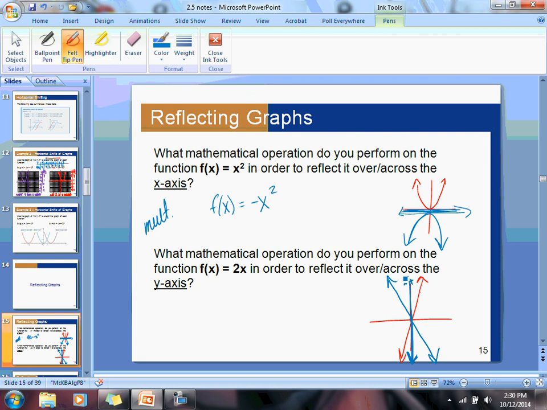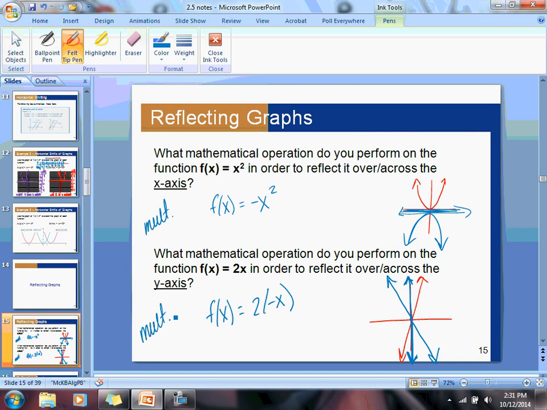And you're still multiplying, and you're still dealing with negatives, but you're just doing it to the x values. So we would want this function. So I'm still multiplying by a -1, but I'm doing it to my x values.